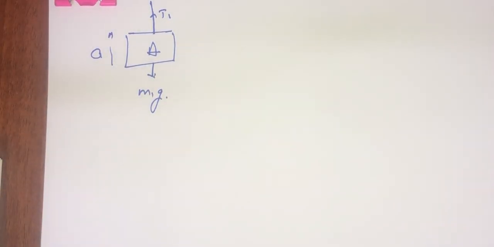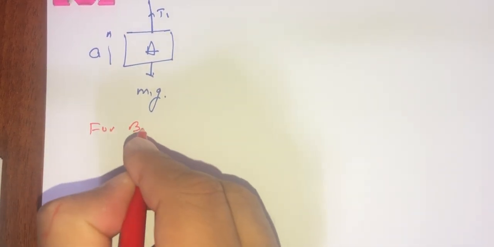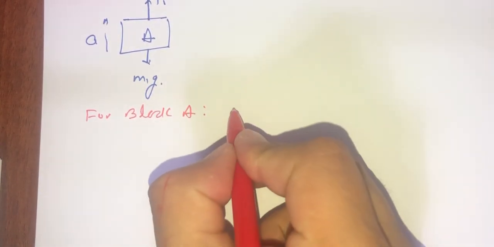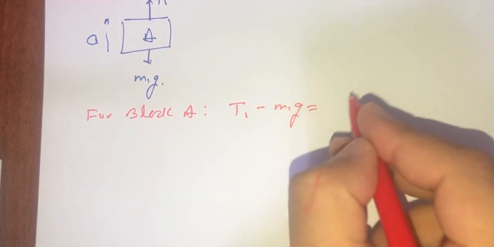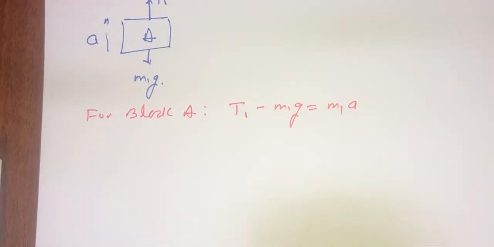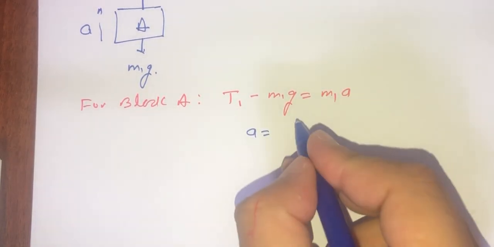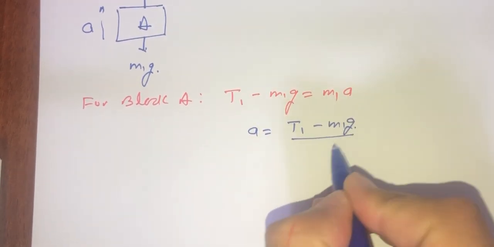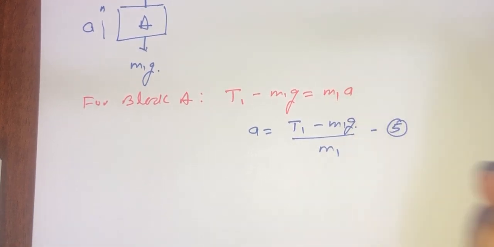Based on this we can write the equation for block A: T1 minus M1G is equal to M1A. From here we can find the value of A. So A will be equal to T1 minus M1G divided by M1. Let this be equation number 5.